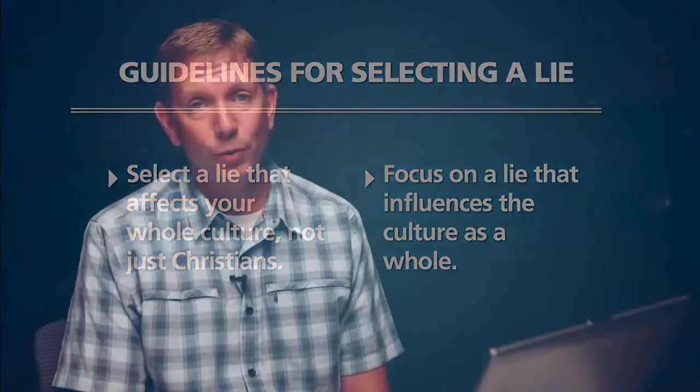A lie that's very prevalent and very damaging in my culture in the United States, it's widely believed, it affects largely the whole culture, is this. I would state it this way: man is the result of a purposeless process of evolution. Or I could say it a different way: man is nothing more than a highly evolved animal. So that's a widely held belief or lie in my culture that has widespread consequence.